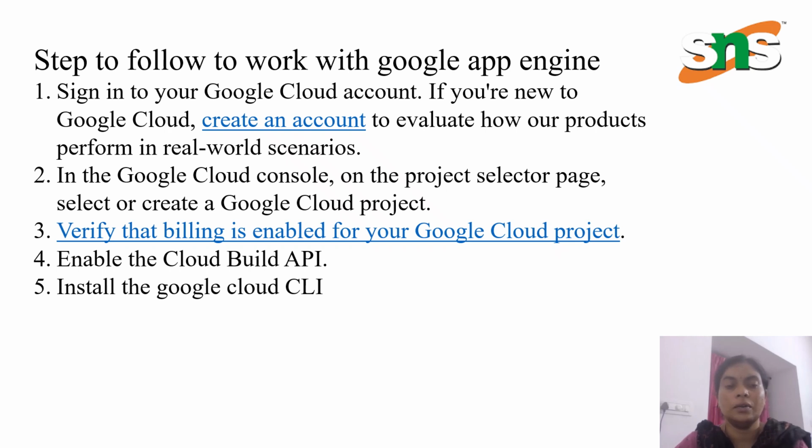Then in the Google Cloud Console, we go to the project selector page and select or create a Google Cloud project. Once created, it will take a day for approving the project, and it will be enabled based on verifying the build. Once the Cloud Build API is enabled, you can start working with your project.